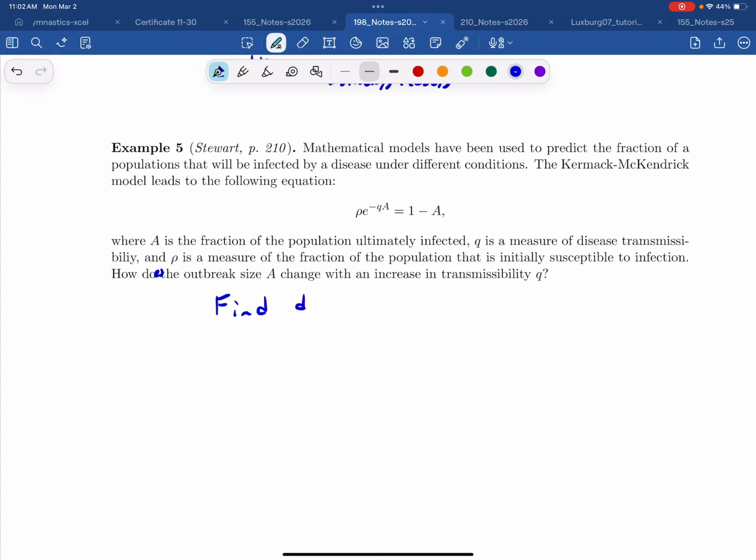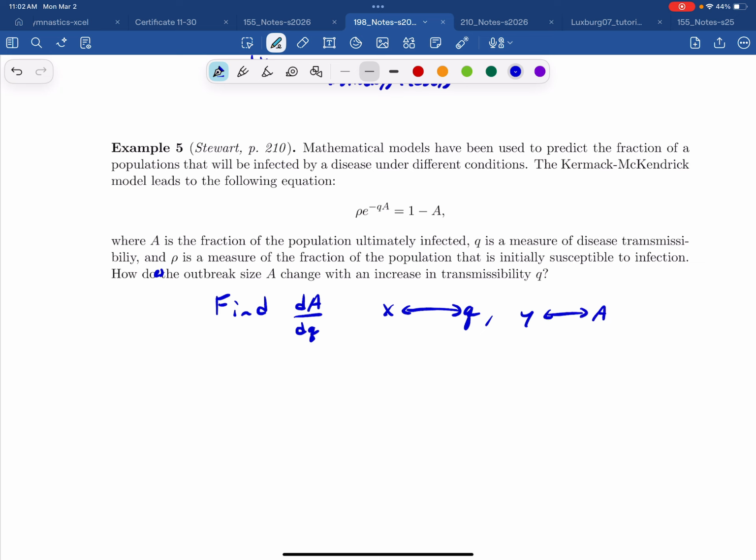So here what they're saying is find dA over dQ. So I guess we're assuming that rho is a constant, and e is the number. But we're treating Q as though it's x. So think of Q as though it's x, and think of A as though it's y.